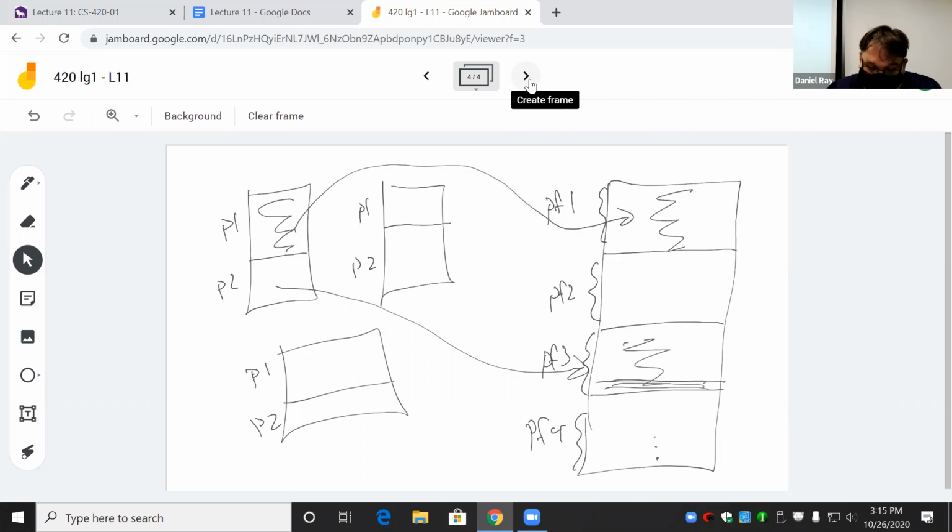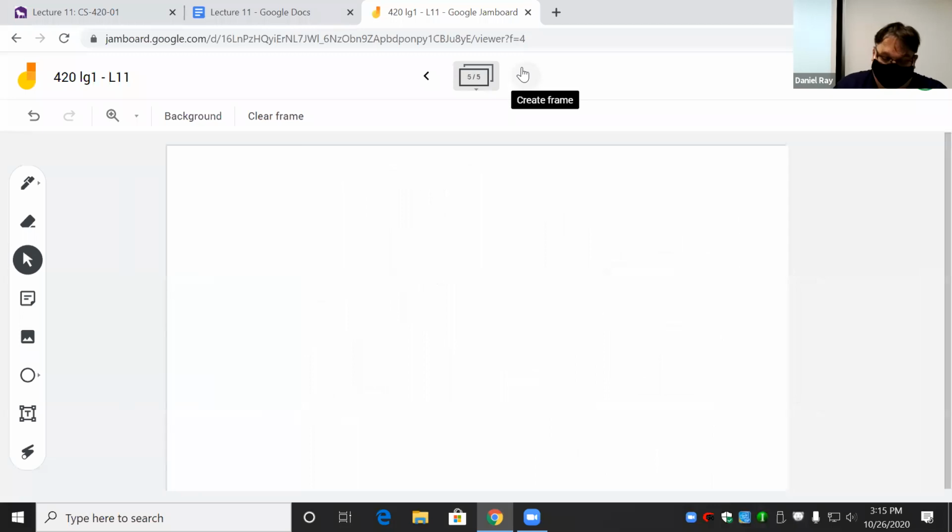All right, so we need one more component. We need a page table. I'll put this over here. I need a page table. And each process gets a page table.